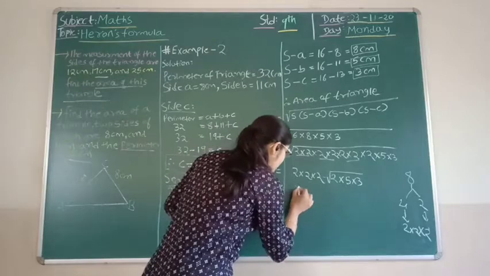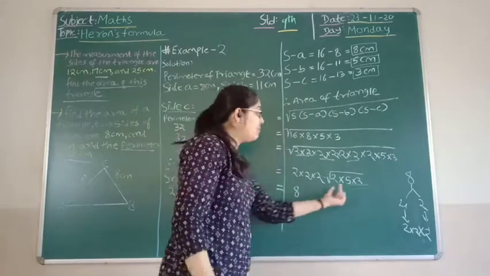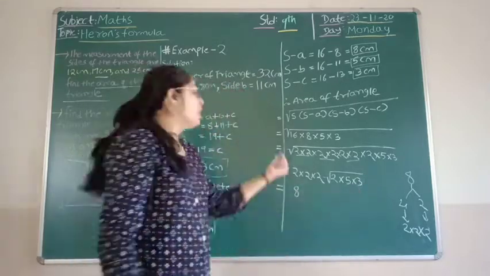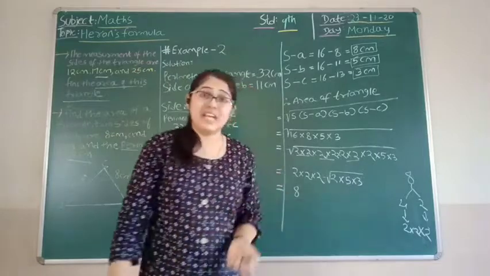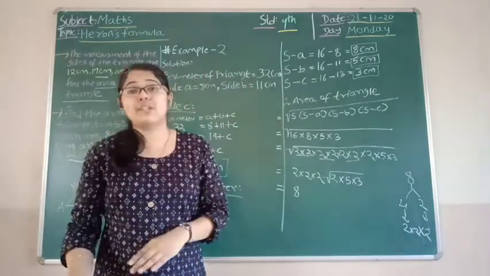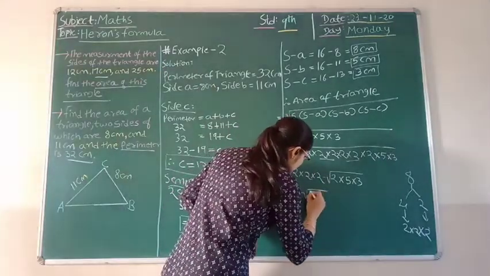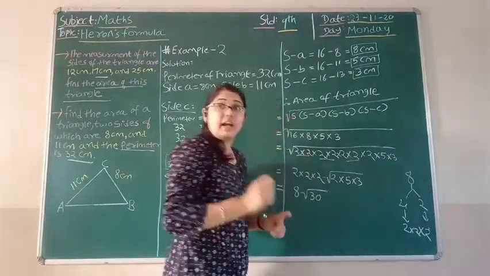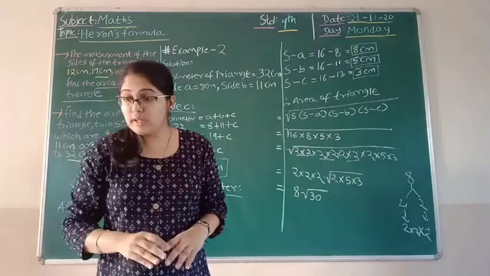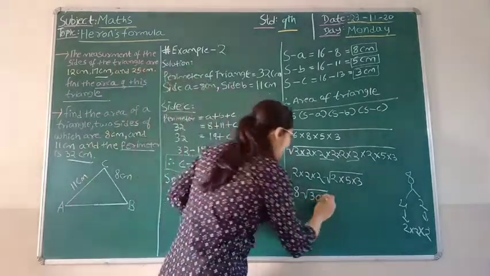And if I multiply this 3, what I will get? 2 multiplied by 5, that is 10, and 10 multiplied by 3 is nothing but equal to 30. So I am writing this as 30. And remember, the unit will be centimeter square. Right?